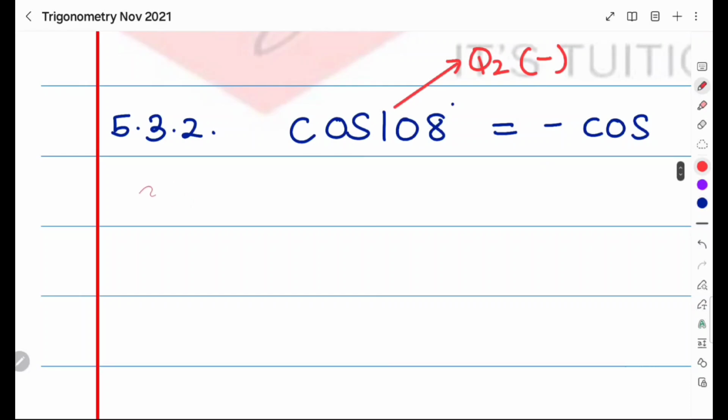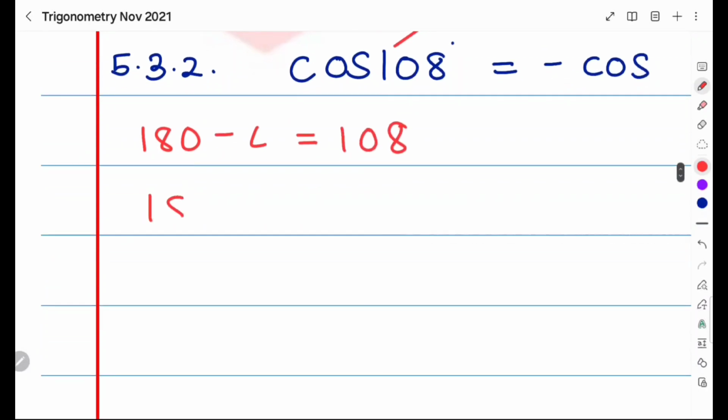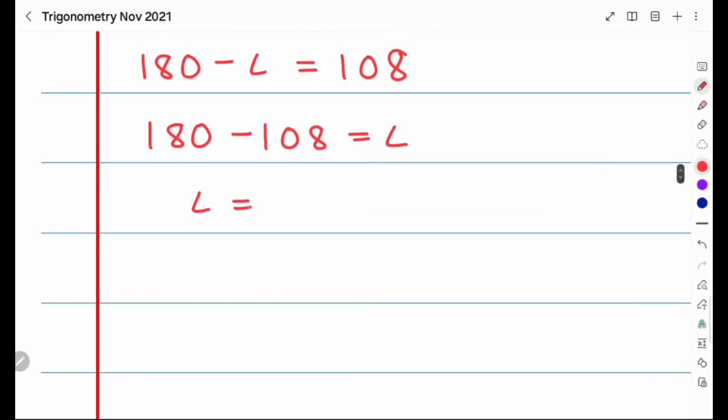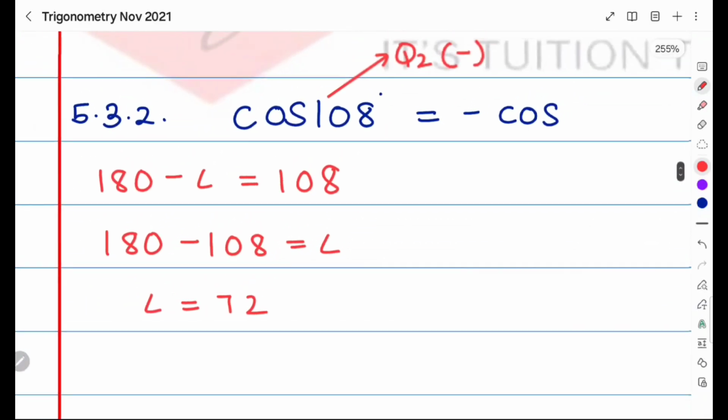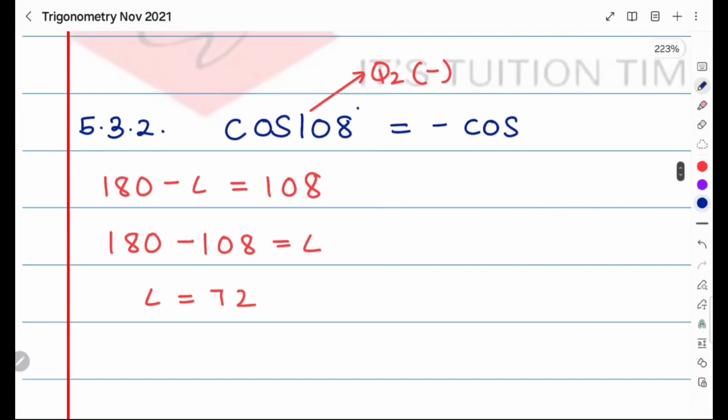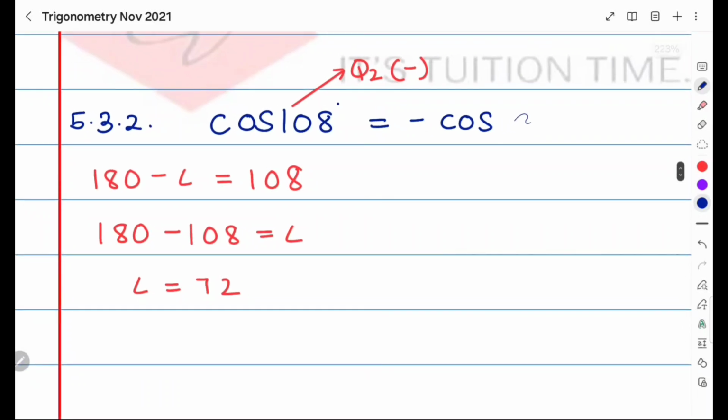To reduce the angle, you take the reduction formula in quadrant 2 and equate it to the angle you are trying to reduce, then solve for the variable. So I'm going to move 108 to the left, take the angle to the right, and the reduced angle is therefore 72. So cos of 108 can be reduced into negative cos of 72.